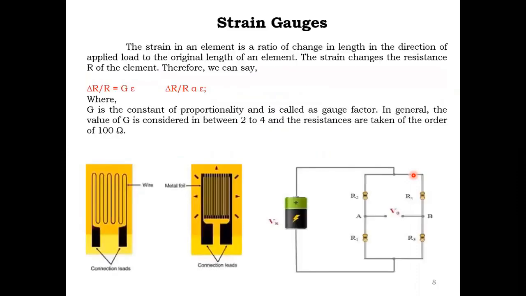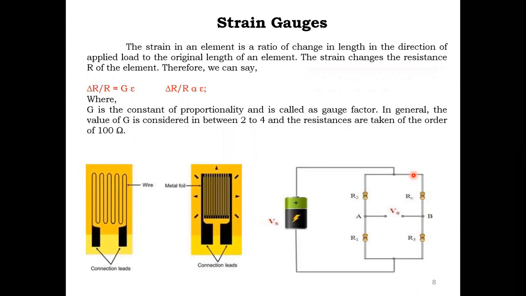Strain gauge sensors. Strain is the ratio of the change in length in the direction of applied load to the original length of the element. The strain gauge changes the resistance R of the element.